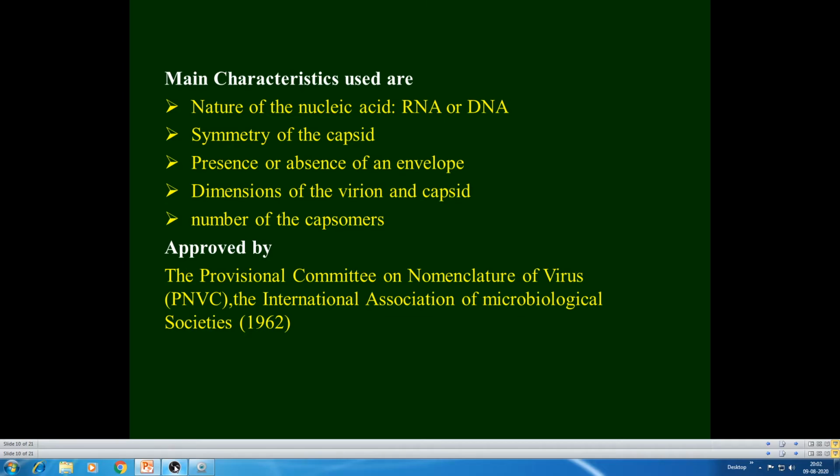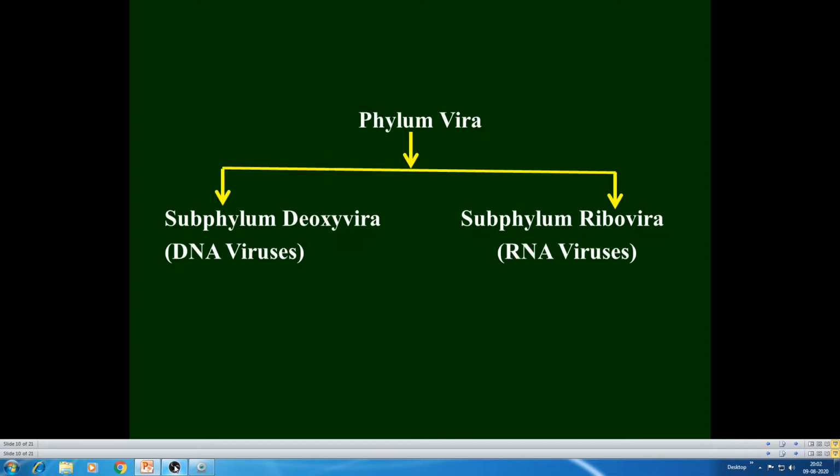Virion is the complete infectious particle, and the capsid, the number of capsomeres. This is the most accepted type of classification, approved by the Provisional Committee on Nomenclature of Viruses, PNVC, of the International Association of Microbiological Societies, that was proposed in 1962.